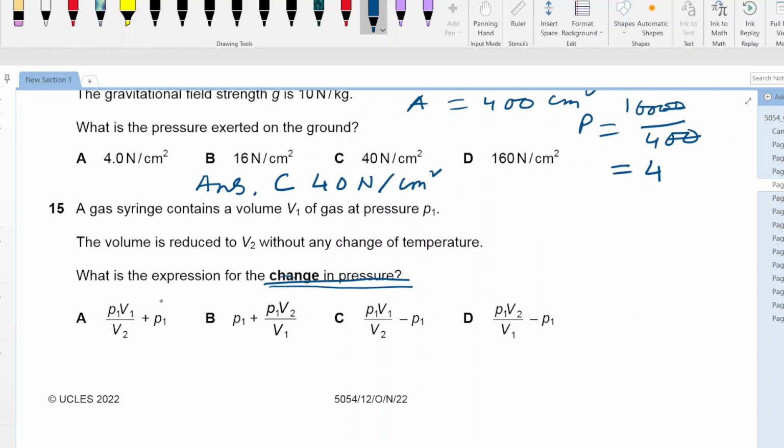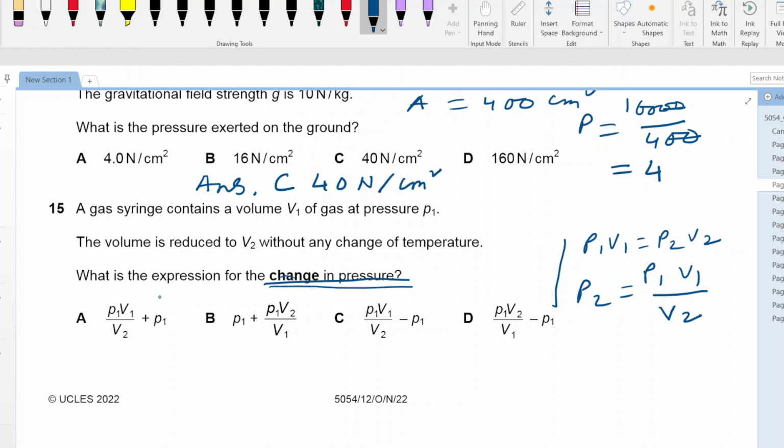We know from Boyle's law, P1 V1 equals P2 V2 when temperature is kept constant. Therefore, P2 equals P1 V1 by V2.